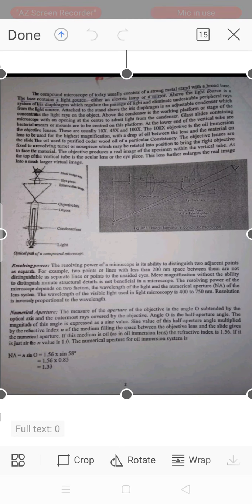A stage is where the specimen to be viewed is placed. And stage clips are used when there is no mechanical stage. An aperture is the hole in the stage through which the base light reaches the stage.